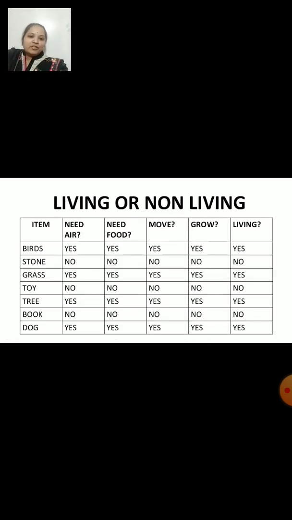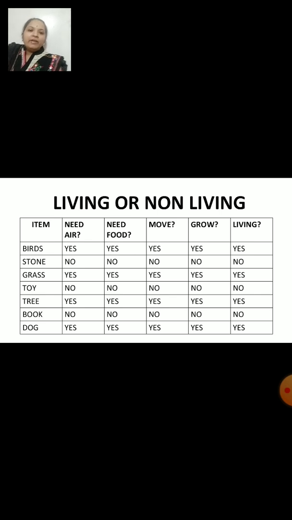In the next picture, we are going to study what is the thing which helps us differentiate between living and non-living. In this table, we can see a few items: birds, stones, grass, toy, tree, book and dog.